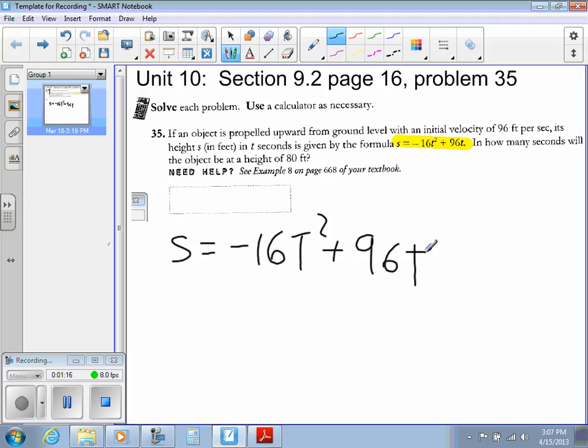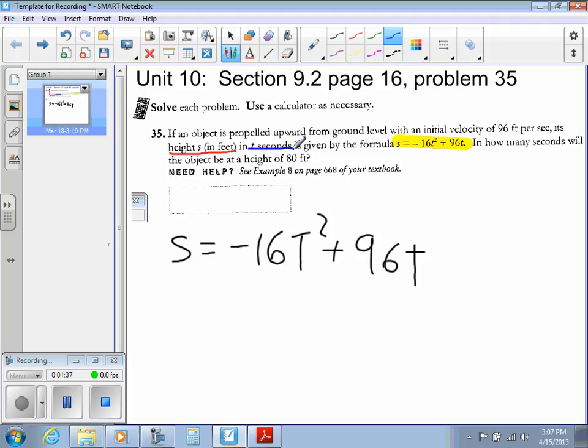Okay, now let's see, what else do we have here? Our height is s, and it's in feet. T is our time, and it's in seconds.